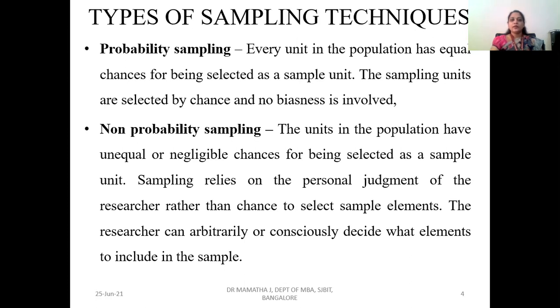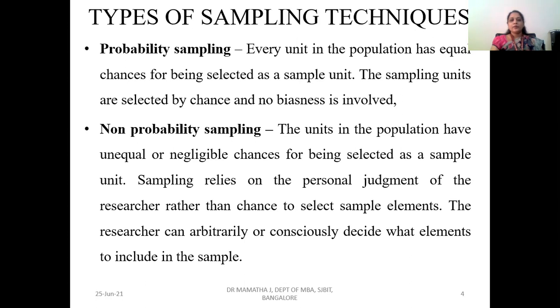So even in the step of sampling, it has to be very systematic and scientific. We have to use scientific methods to draw the sample so that your results will be accurate at the end.